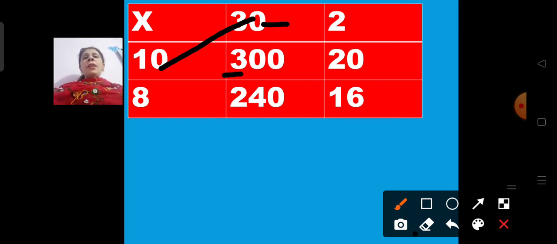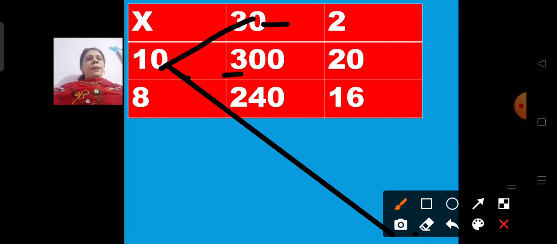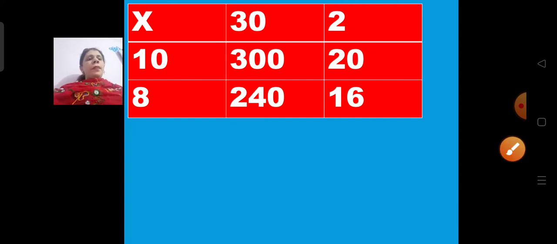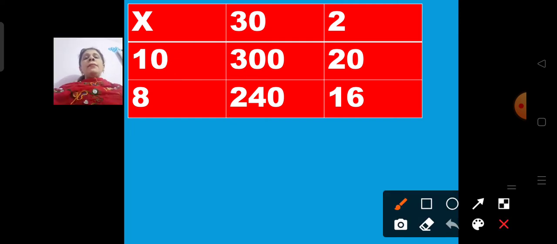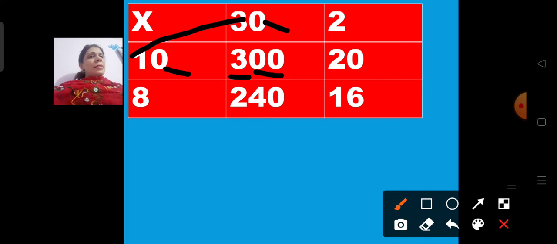Then you have 1 zero in 30 and 1 zero in 10, so you will write 2 zeros here. So 30 multiplied by 10, you will get your answer as 300.